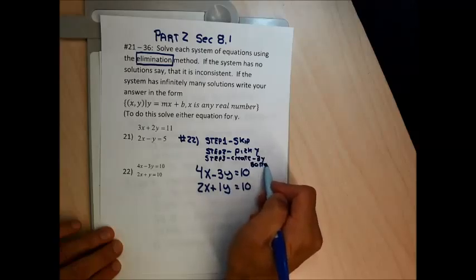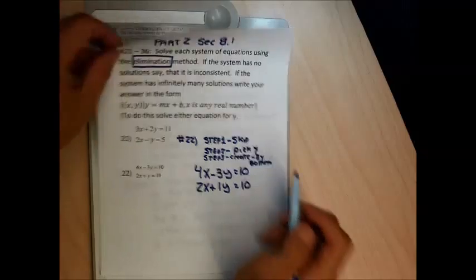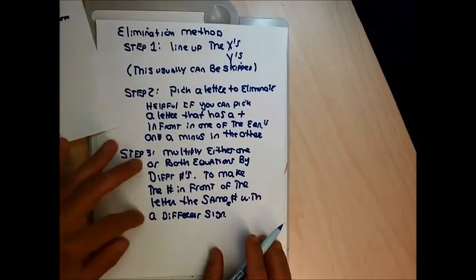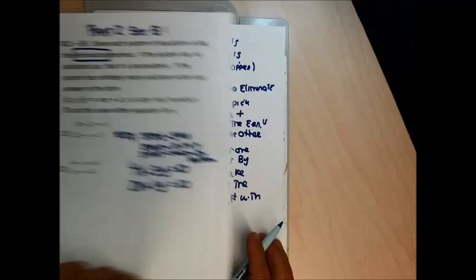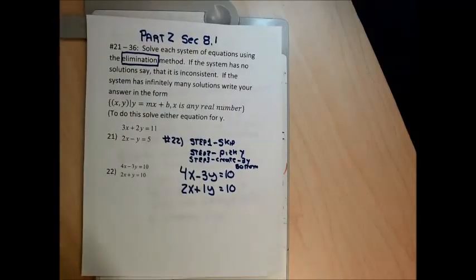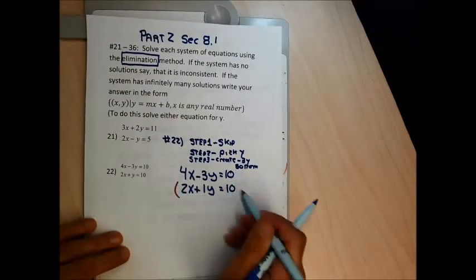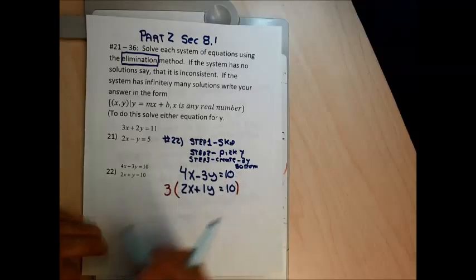So my step 3 is to make both equations have the same number, one positive, one negative, in front of the letter that I'm eliminating. And so to do this, I'm going to take the entire bottom equation and I'm going to multiply everything in the bottom equation by 3.